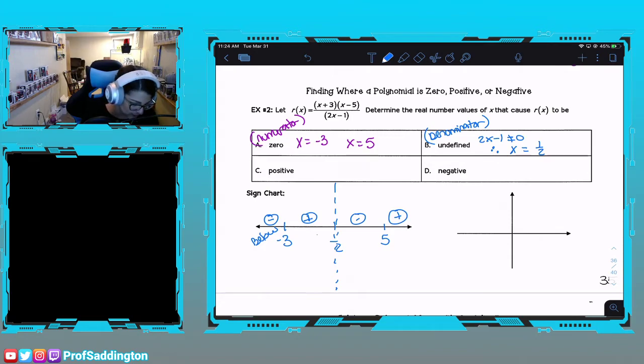So if we go to graph this, we have -3. Maybe we have our half here. So that's my asymptote. And I have +5. Okay, obviously not drawn to scale, and that's okay. All right, so we start from below, and we go to above.